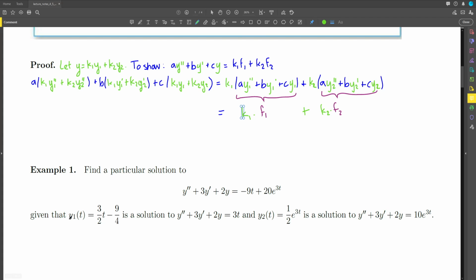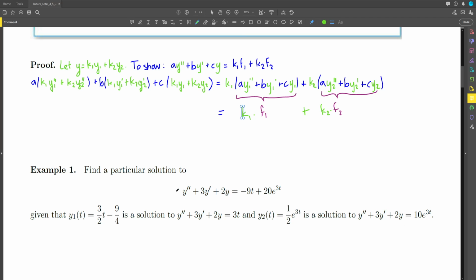And we're given that y1 of t equals 3 over 2 times t minus 9 over 4 is a solution to y double prime plus 3y prime plus 2y equals 3t. And y2 of t equals 1/2 e to the power 3t is a solution to y double prime plus 3y prime plus 2y equals 10 times e to the power 3t.